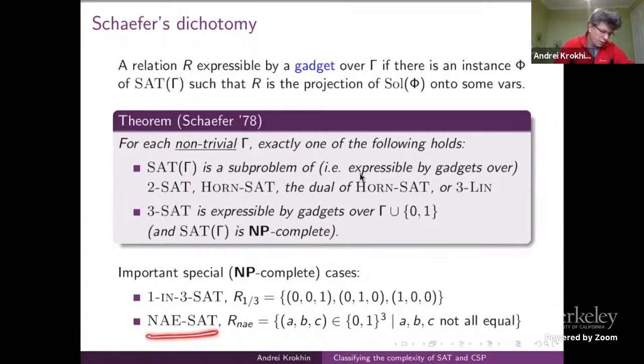And the other problem is not-all-equal SAT. Again, it's a problem SAT gamma, where gamma contains a single ternary relation, not-all-equal, which contains all triples of zeros and ones, except for all zeros and all ones. So these are standard now NP-complete problems that are used in many cases as a starting point for many reductions. We'll get back to these standard NP-complete problems later.